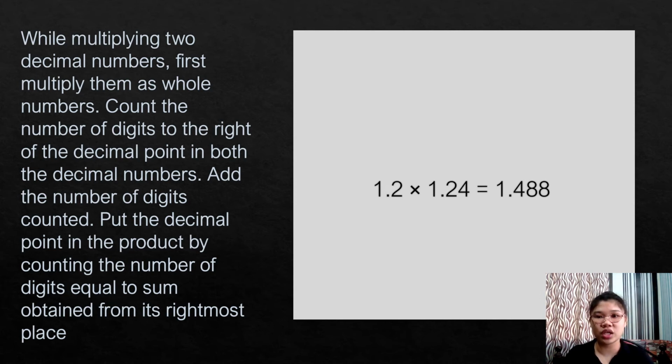That is why we need to move 1,488, the final answer, by 3 decimal places from its rightmost place. So we have here from 8 and then another 8 and then 4. That is 3 movements. Our final answer is 1.488.